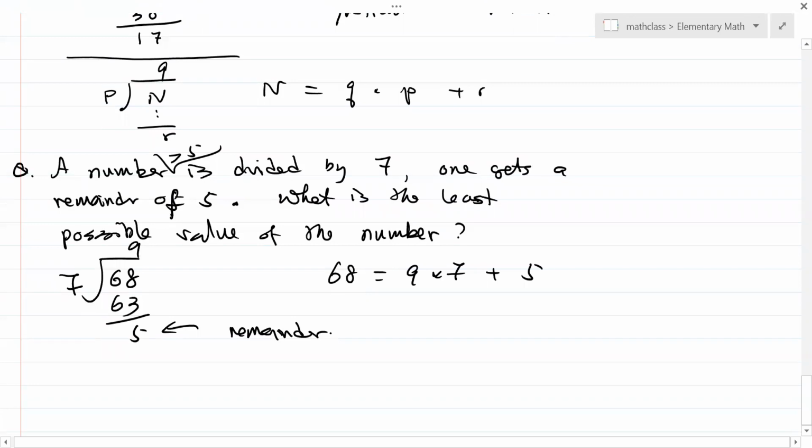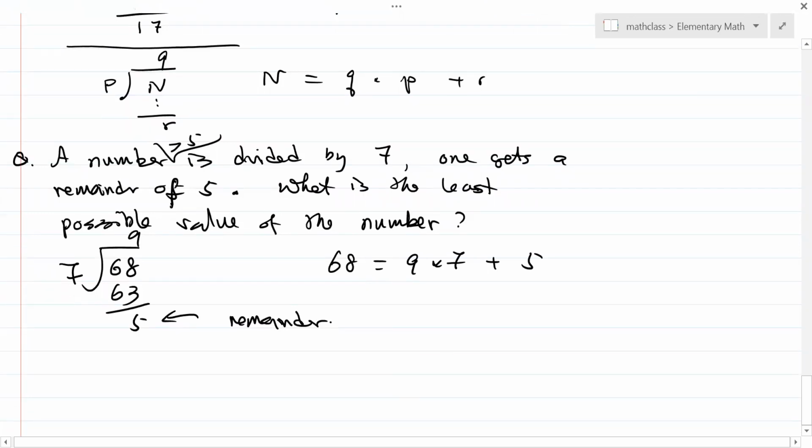12, Mike says. Right? Yes. So the smallest, the least possible value of the number, you just change the quotient to the smallest. So the answer is going to be 1 times 7 plus 5, which is 12.